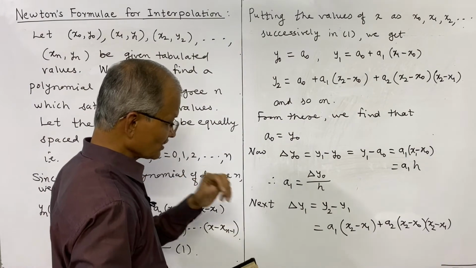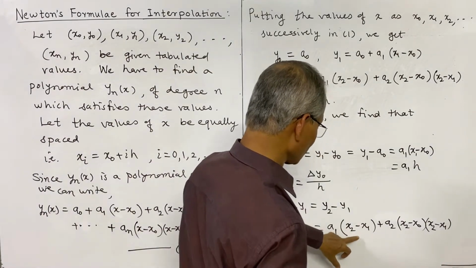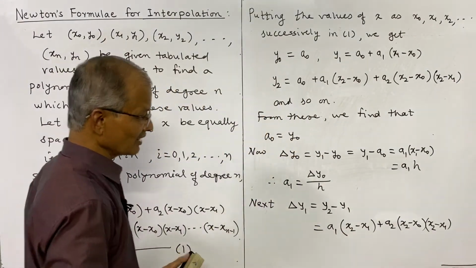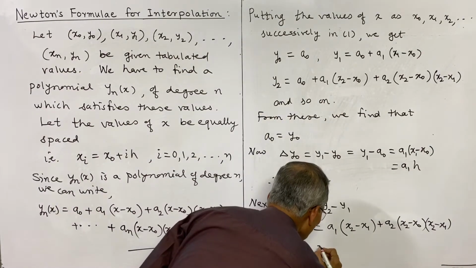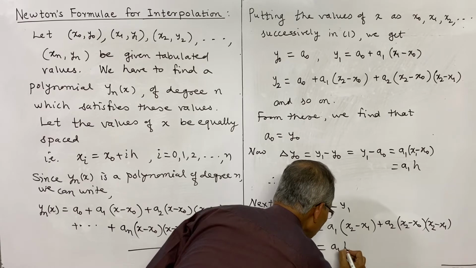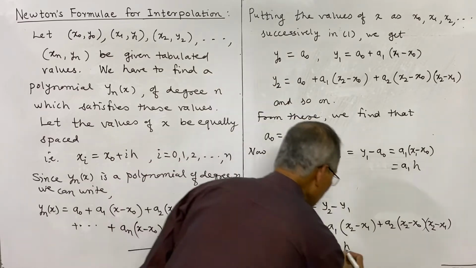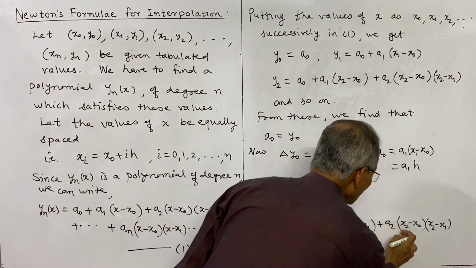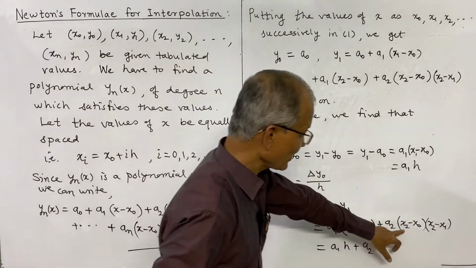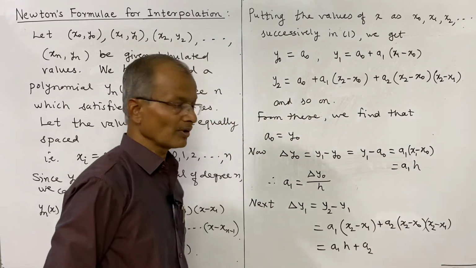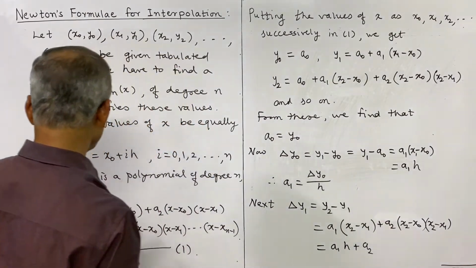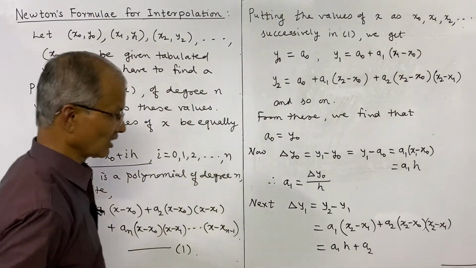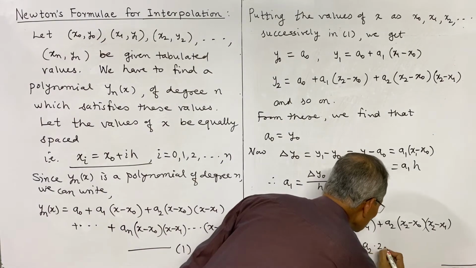And now what is a1 into x2 minus x1? Again x2 minus x1 is the difference of immediate terms, that is h. So this is equal to a1h, and plus what about the second term? What is the difference of x2 and x0? That is 2h, because the difference between consecutive terms is h, or you refer to this expression, that is 2h.